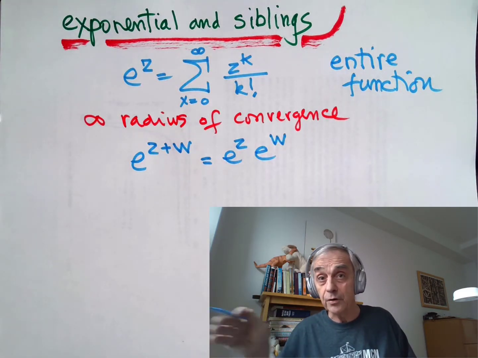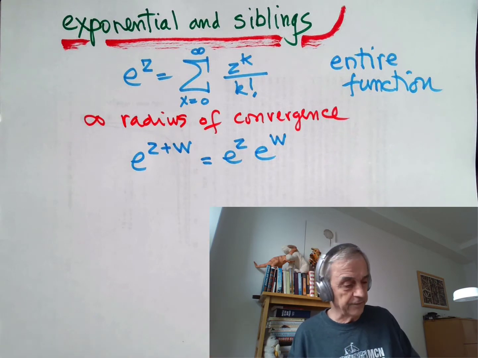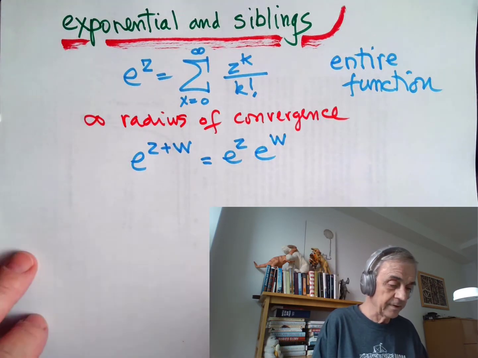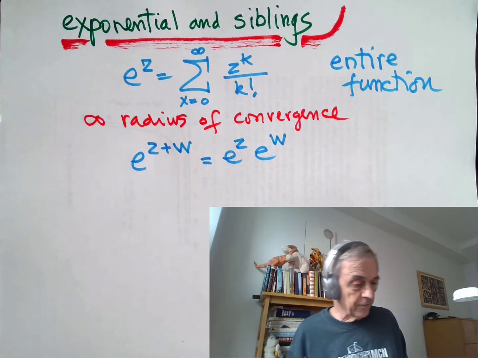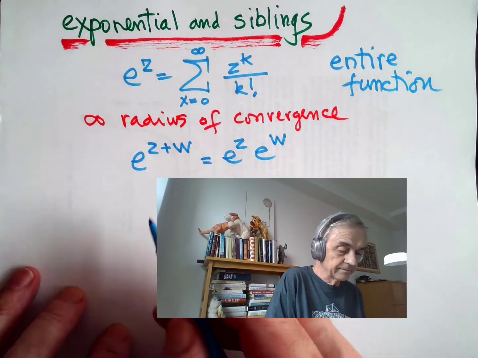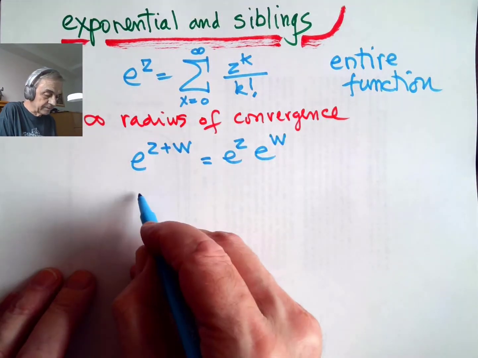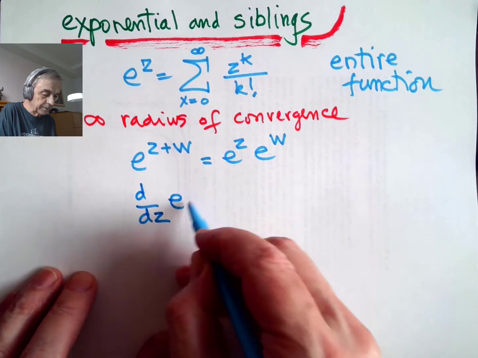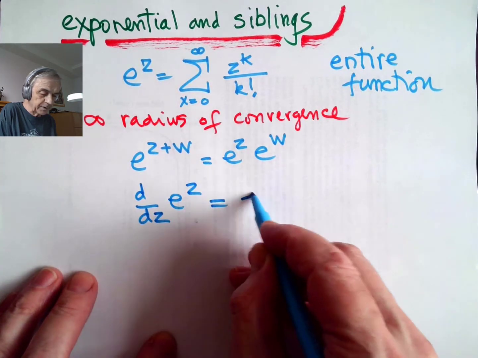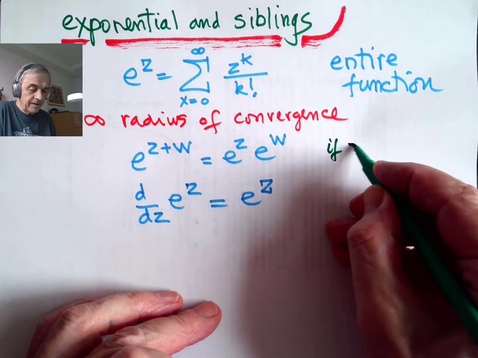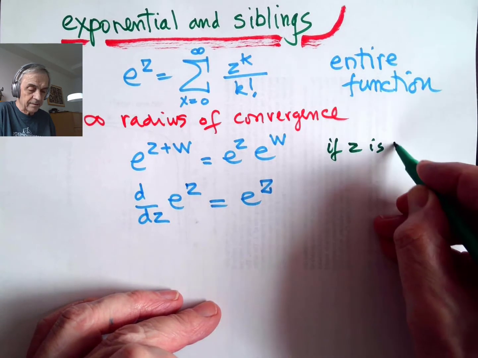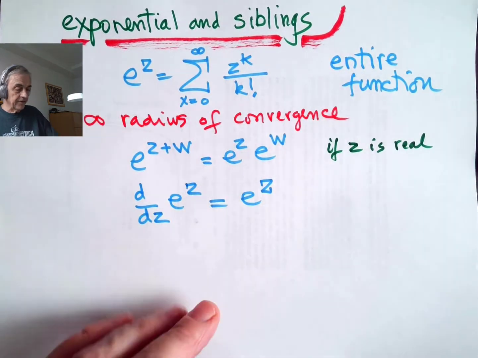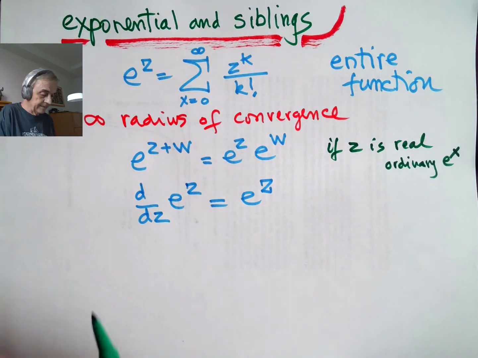All the commutators which could have showed up in this exponential, they all vanish. Now, just looking at the power series expansion, you can verify that the derivative of exponential is exponential. If z is real, this is just the ordinary exponential.